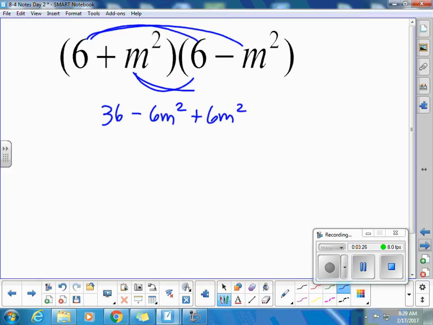And m squared times negative m squared is negative m to the fourth. And if you look again, our middle terms are going to disappear because negative 6m squared plus 6m squared results in 0. So I have 36 minus m to the fourth.